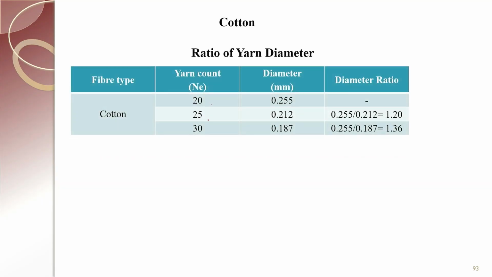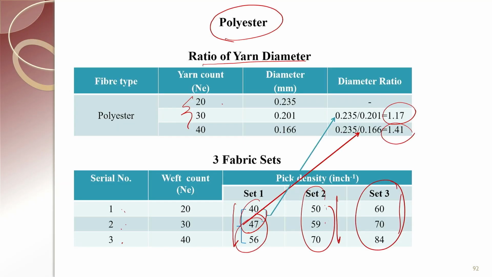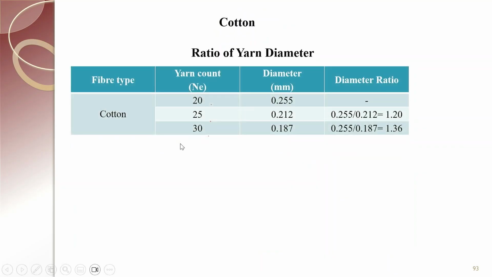Here 20s, 25s and 30s yarns were produced. Earlier, in case of polyester, it was 20s, 30s and 40s. Here 20 NE, 25 NE and 30 NE, and as the yarn becomes finer their diameter reduces: 0.255 millimeter, 0.212, and for 30s count the diameter is 0.187.